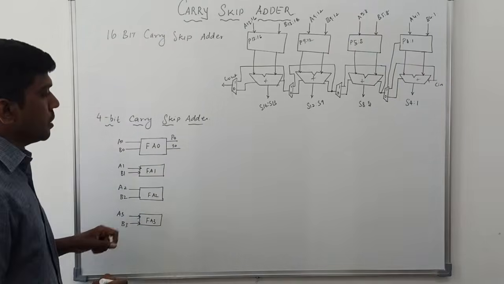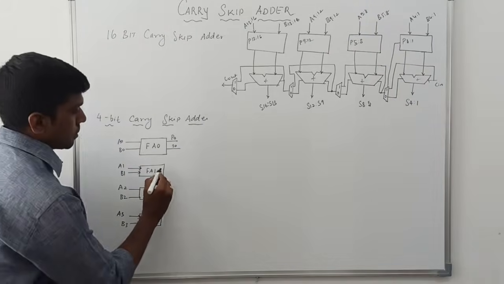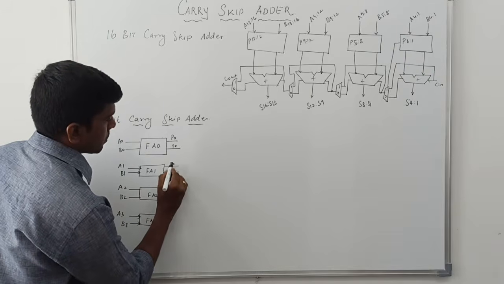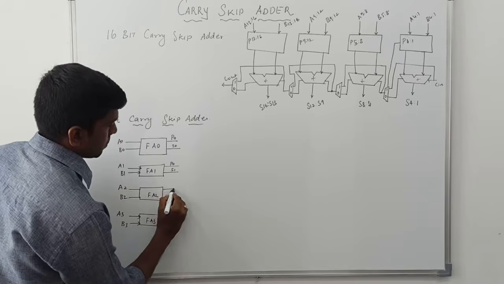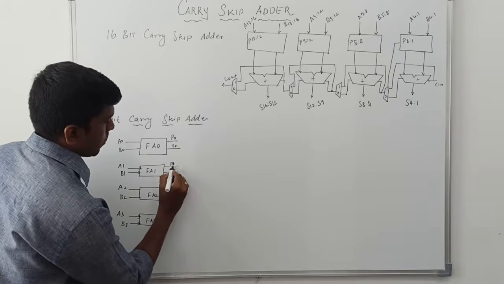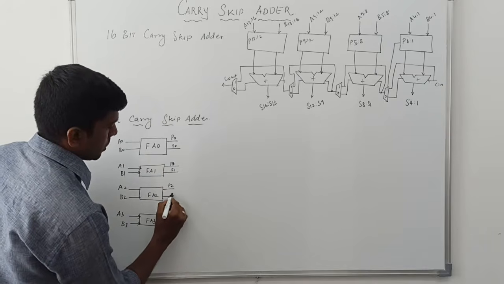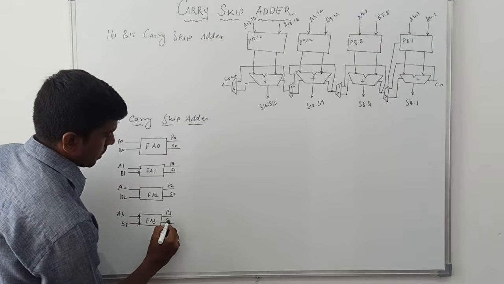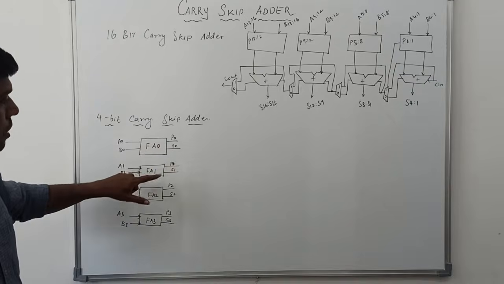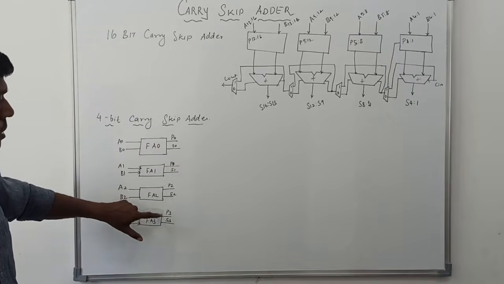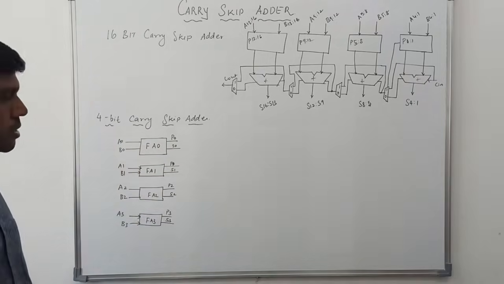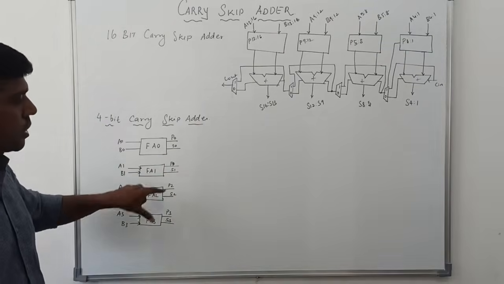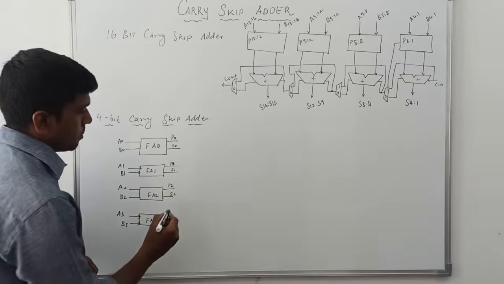So P0 represents propagate. Generate and propagate we studied already. Similarly P1, S1, P2, S2, P3, S3. These S0, S1, S2, S3 four signals are considered as the sum. P0, P1, P2, P3, these four signals are considered as the propagate signals.